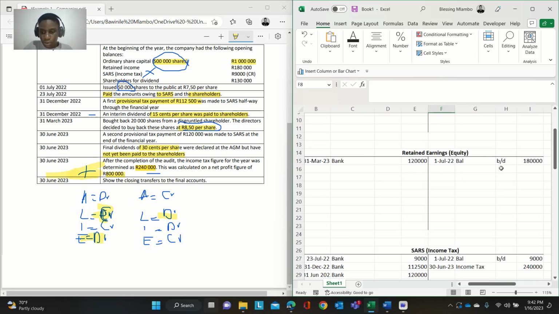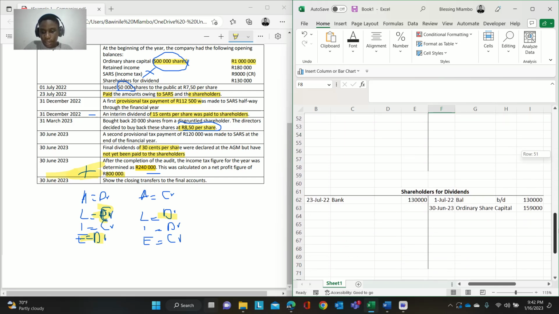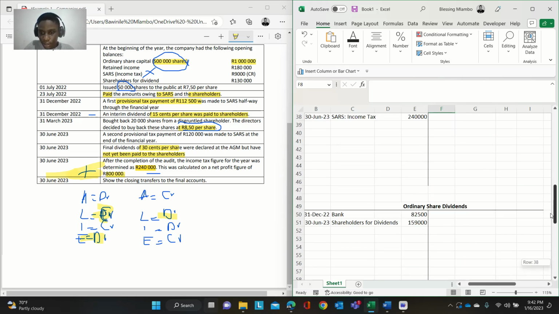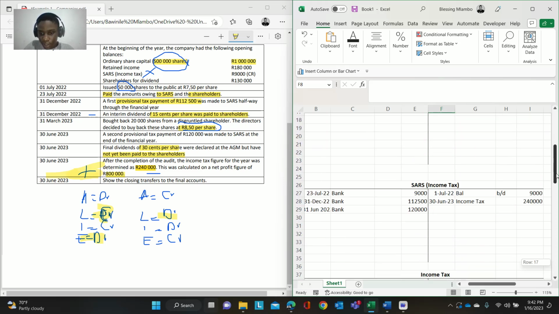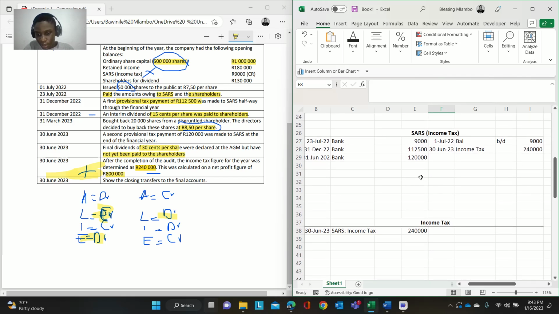But before we close off retained earnings, let's go to other accounts, because remember, the balance of the profit for this year is still going to be distributed to retained earnings, or the remaining figure after taking out income tax and dividends is going to be taken to retained earnings. So let's keep retained earnings for now and go to SARS income tax. Let's close off the SARS income tax account.